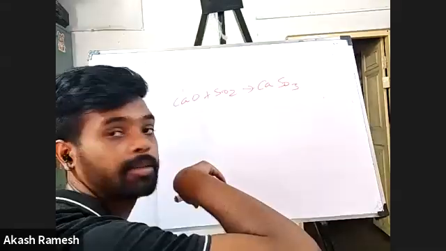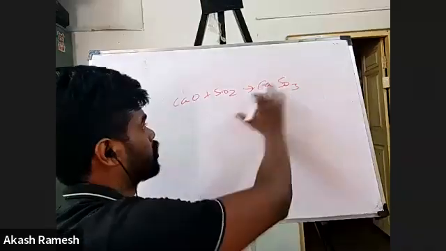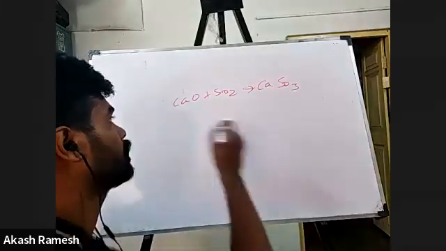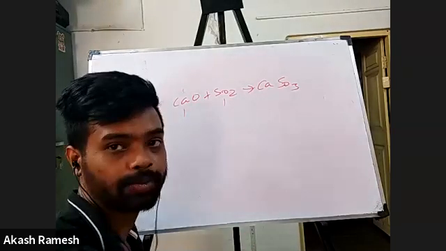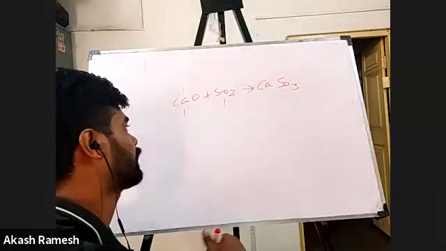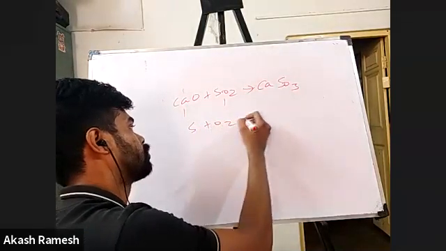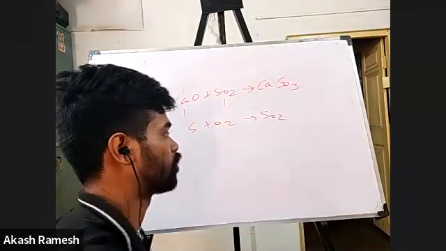That is my calcium sulfite, right? That's what you need to know. So what I have to understand is for 1 mole of CaO, I have to have 1 mole of SO2. Okay, and I have one more equation also. Sulfur plus O2 gives SO2.